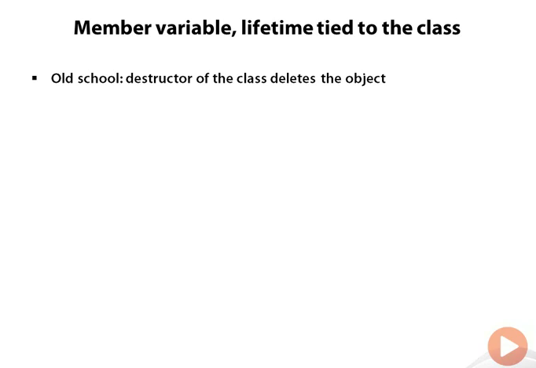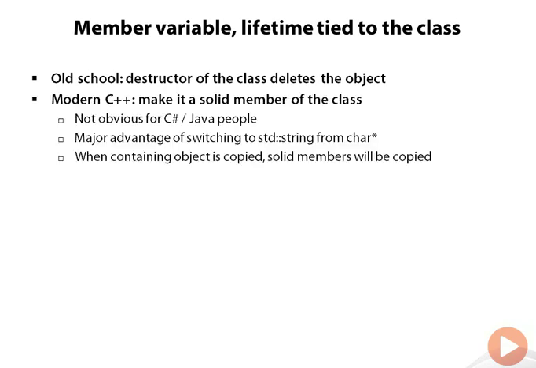Maybe implementing reference counting. The simplest thing to do, and C# and Java people who are coming to C++ often are really blown away by this one, so I want to explicitly state it, is just to make it a solid object in the class.